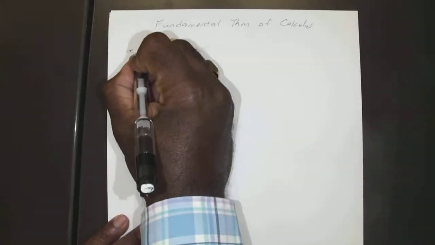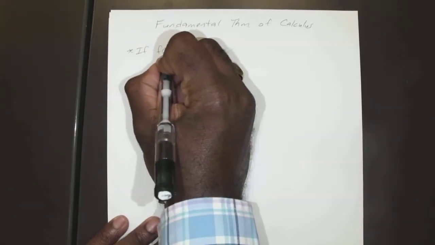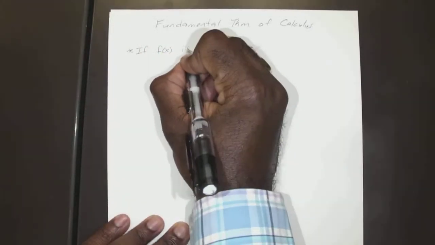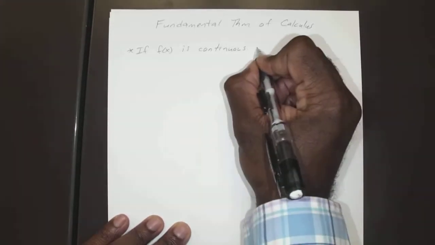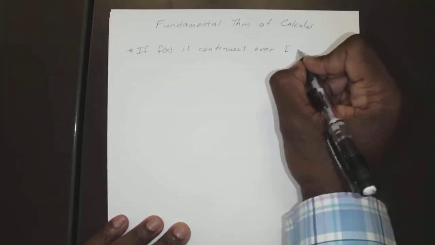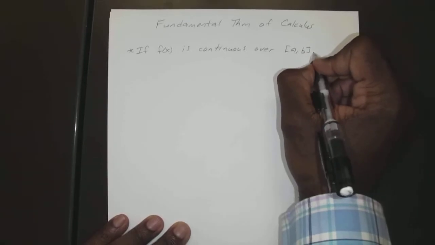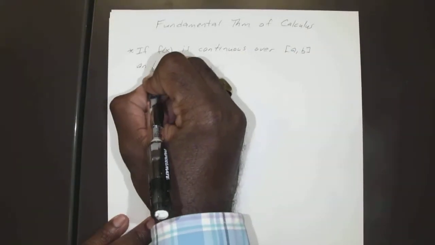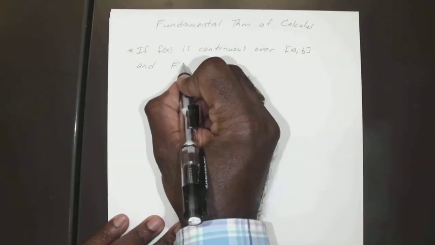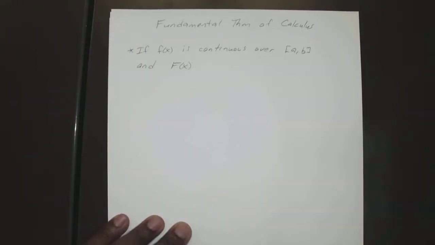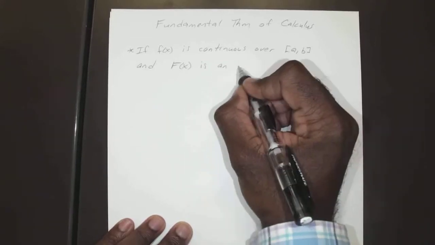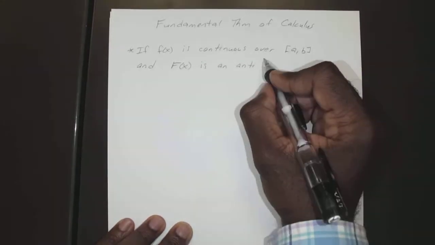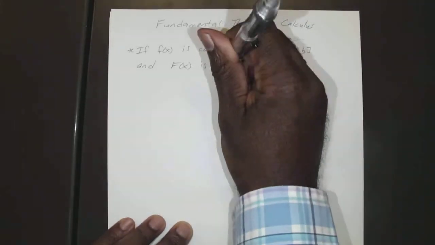Okay, so if we have some function f of x that is continuous over some interval from a to b, and we'll let the uppercase F of x represent the antiderivative.